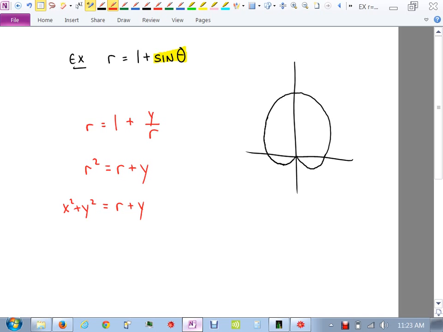But the only other thing I have with r in it would have a theta in it. Unless I did x squared plus y squared equals r squared and took the square root. So I could replace r with the square root of x squared plus y squared, plus y. That would be okay. But see, that's not something we look at and say, oh, that's a circle. So it's converted to Cartesian now, but it's not something we can check off our list and say, oh yeah, we know that. We've seen that all the time.